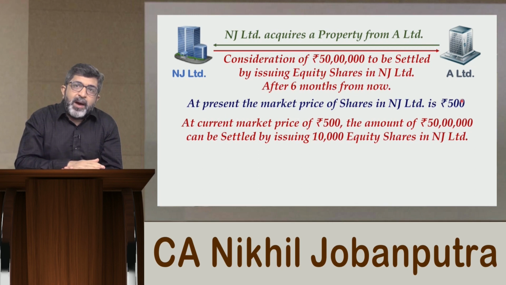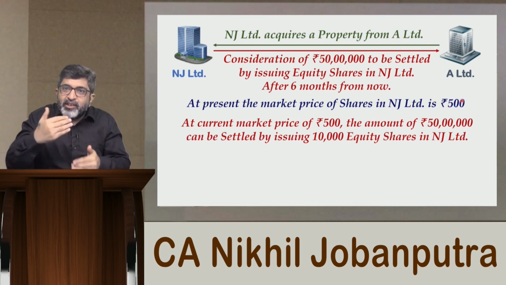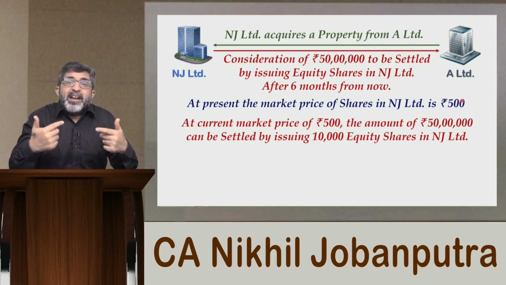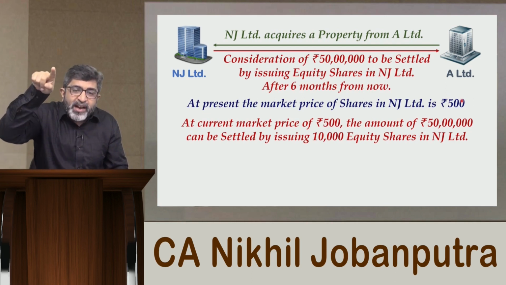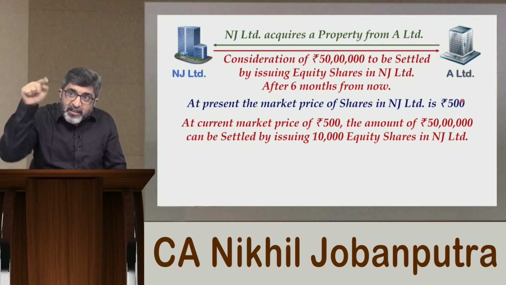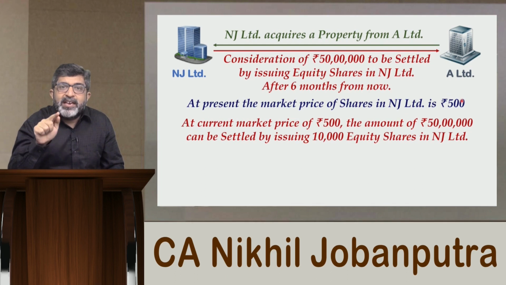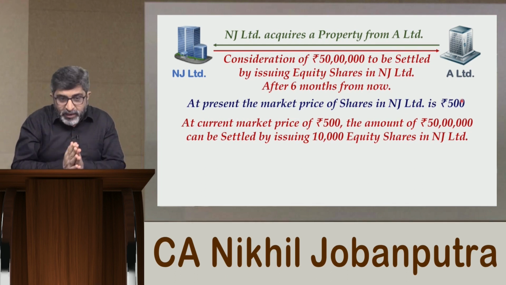As at 31st March, no equity shares have been issued, but NJ Limited has to disclose the settlement pending towards A Limited, because A Limited was originally recorded as a financial liability. Now, whether A Limited will continue to be recorded as a financial liability at the balance sheet date, or will it be reported as equity instruments?